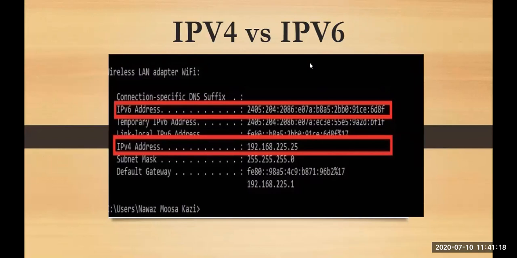Numeric addressing method refers to what? All your representation of addressing will be in the form of numerics only. Whereas IPv6 can be a combination of alphabetics and numerics, which you can see over your screens. IPv4 is just numerical addresses, and IPv6 is a combination of numeric and alphanumeric.